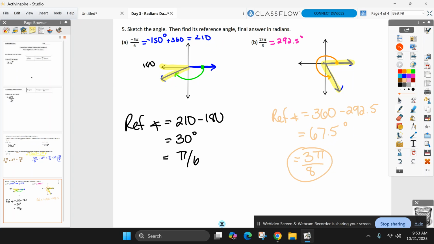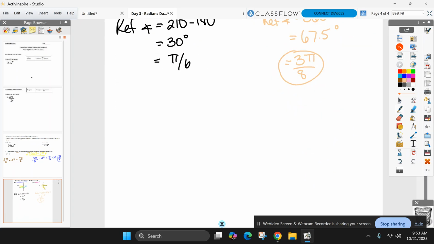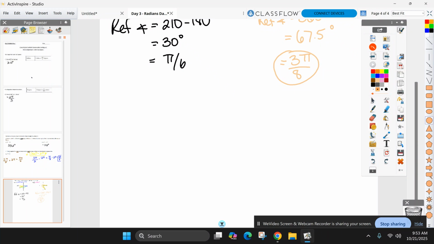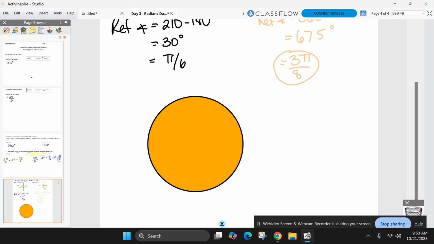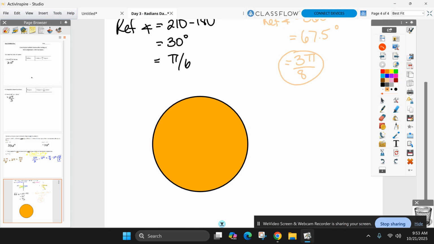Okay, at the bottom here, make a clock for me. I want to challenge you guys now. Make a clock 12 to 12 here.